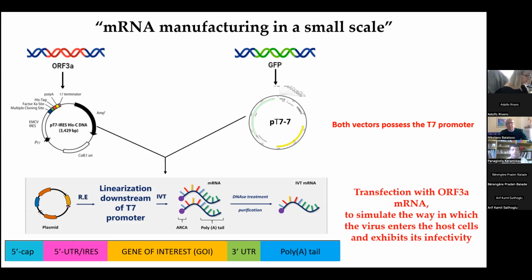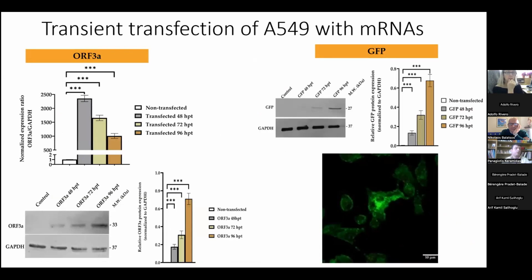An important reason why we used mRNA transfection was to simulate the way in which the virus enters the host cells, as SARS-CoV contains a positive single-strand RNA, which is similar to the host cells' mRNAs. So we continued with the transient transfection step of A549 lung epithelial cancer cells with the mRNAs.